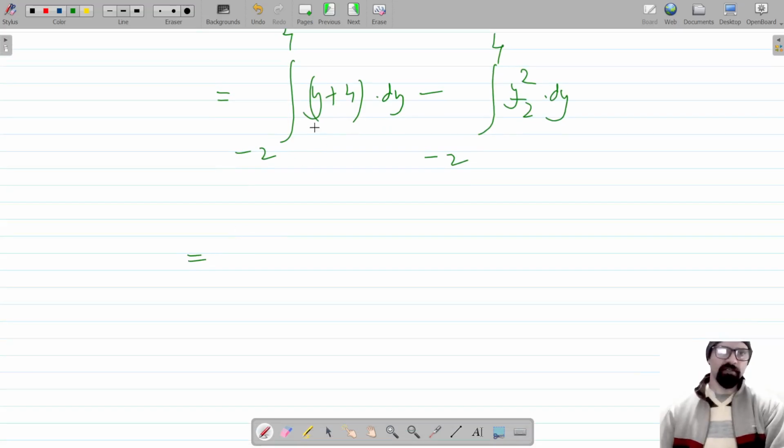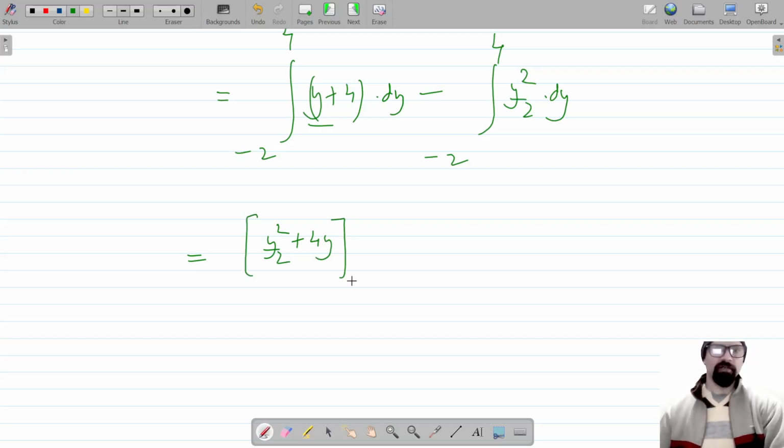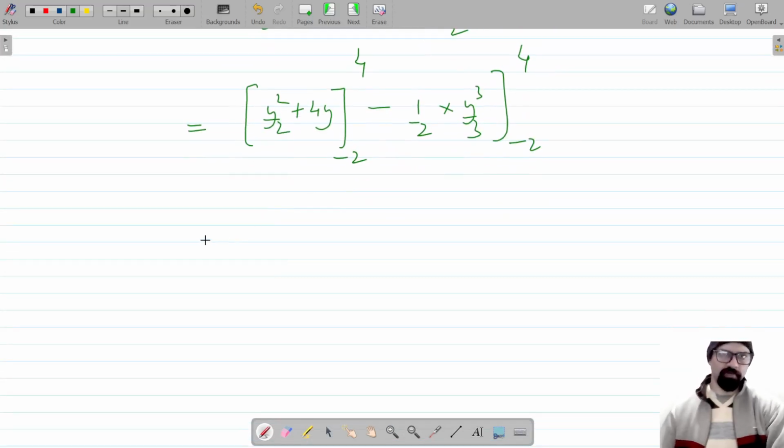Okay, now the integration of y is y squared by 2, and the integration of 4 is 4y, evaluated for the limits negative 2 to 4, minus this. Now the half comes out. The integration of y squared is y cubed by 3 for the limits negative 2 to 4. Okay, let's evaluate this. First, let's put in the value of 4.